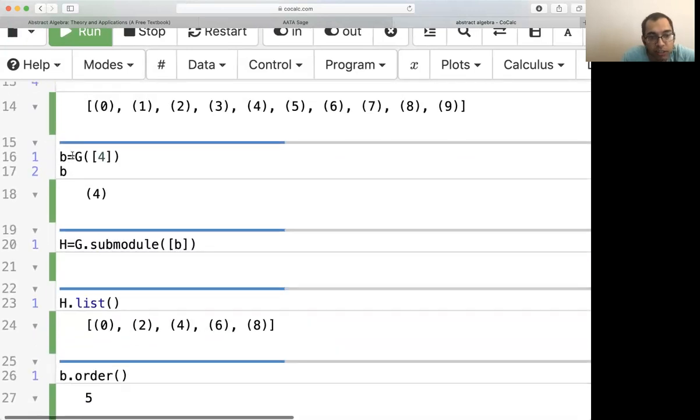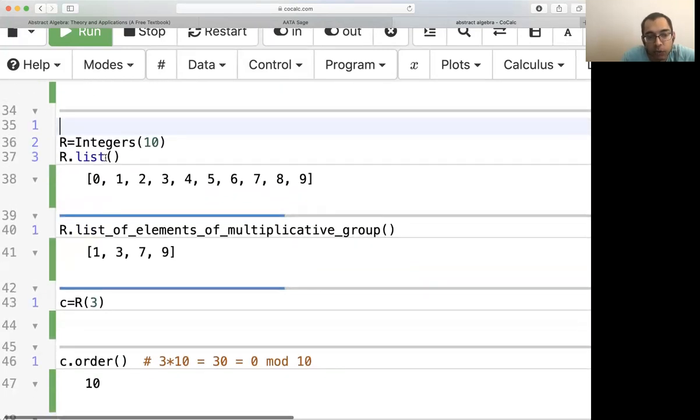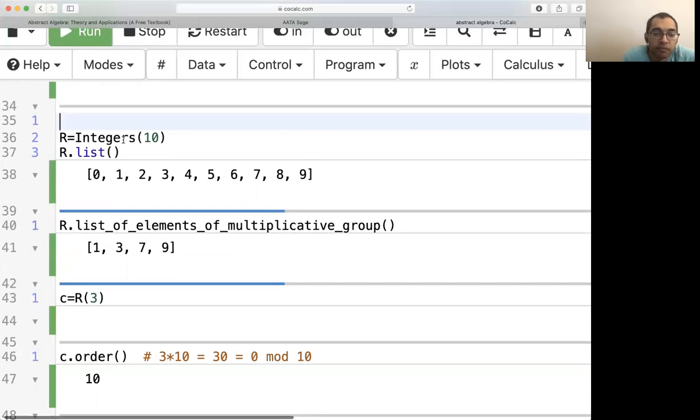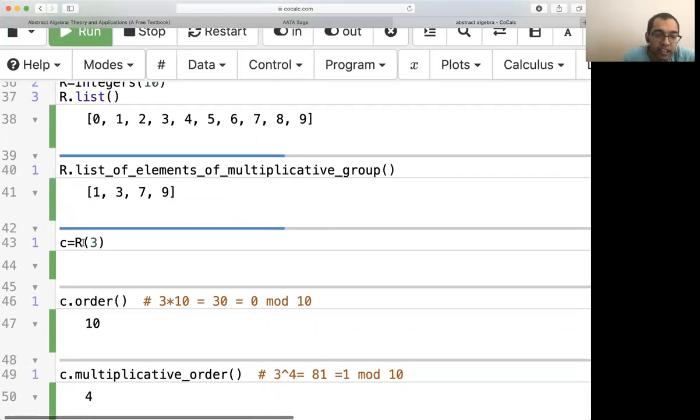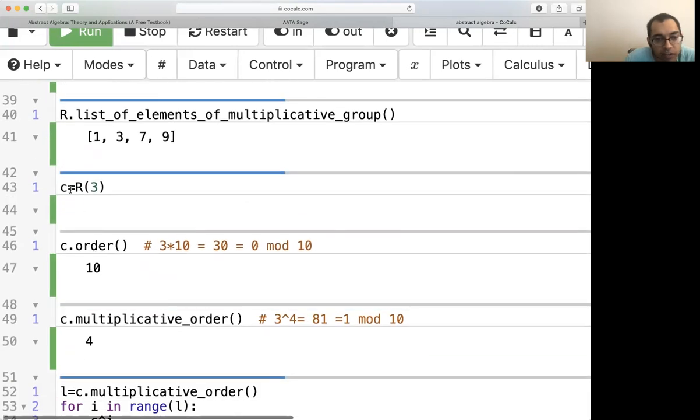By contrast, when I was trying to coerce this element 4 into this group G, I had to put square brackets around it. Here, when I'm dealing with the integers function, I don't need to. And again, it kind of makes sense to me now. Okay, anyway, so now we've got this element C that's basically referring to this 3. Again, R of 3 is coercing Sage into thinking this 3 is an element of this ring of integers R.